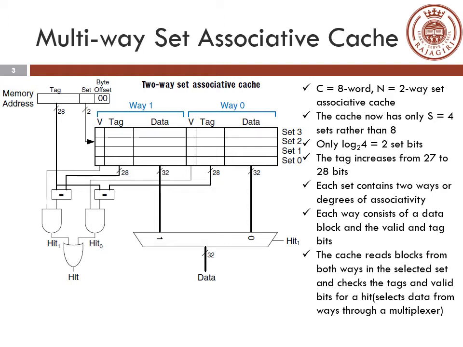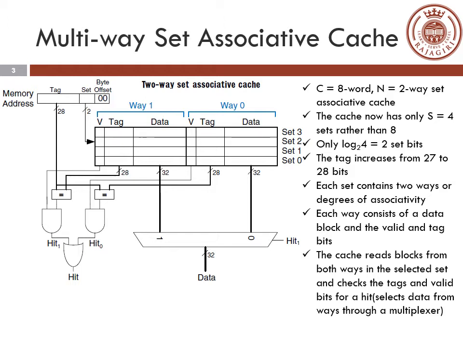N is taken as 2, so in a set you can have 2 words or 2 blocks. The maximum number of sets possible here is 4. So there are 4 sets, and in each set you have 2 blocks, so altogether 8 blocks or 8 words.